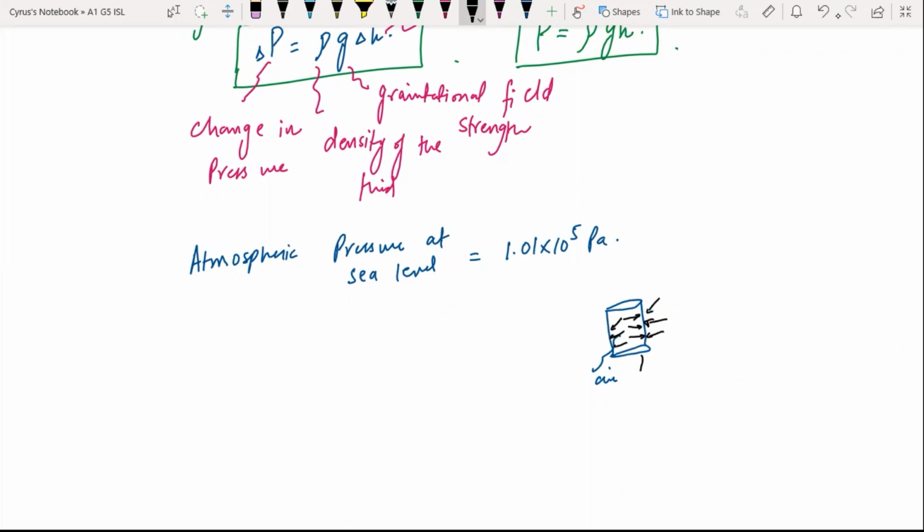So the shape does not change at all, right? However, if I'm going to write here that atmospheric pressure is the same inside and outside of the sphere.